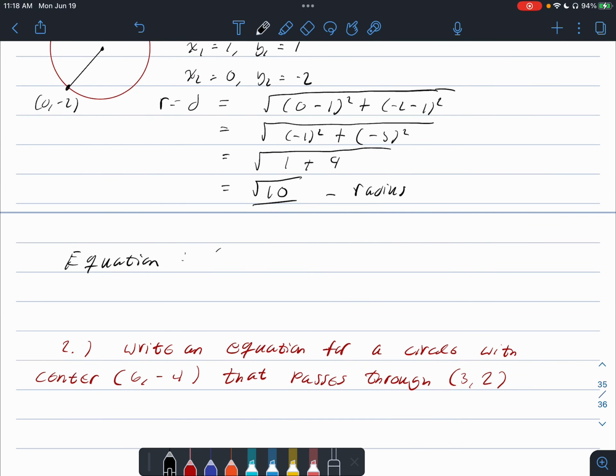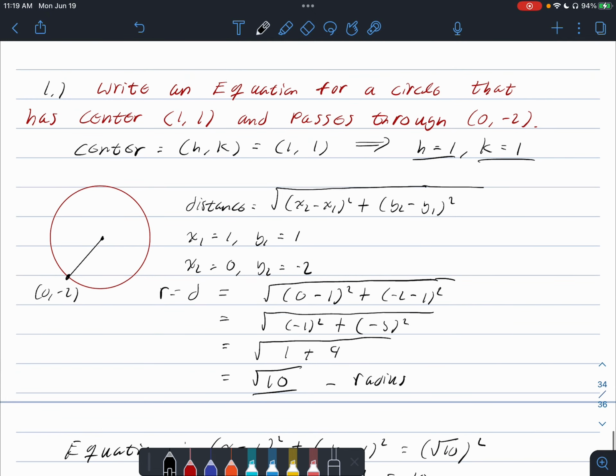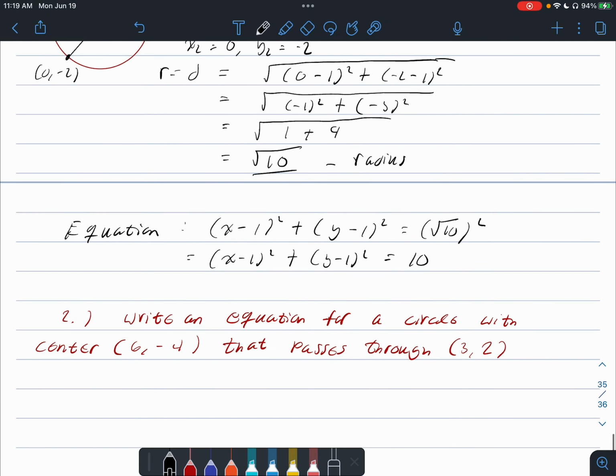So we have (x - 1)^2 plus (y - 1)^2 is equal to r squared, or the square root of 10 squared. So then we get (x - 1)^2 + (y - 1)^2 = 10, because the square cancels out the square root. And there we go. This is the equation for our circle.